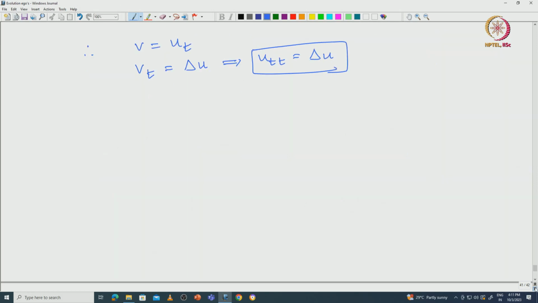Therefore, the first component of UTF represents the solution of the wave equation.